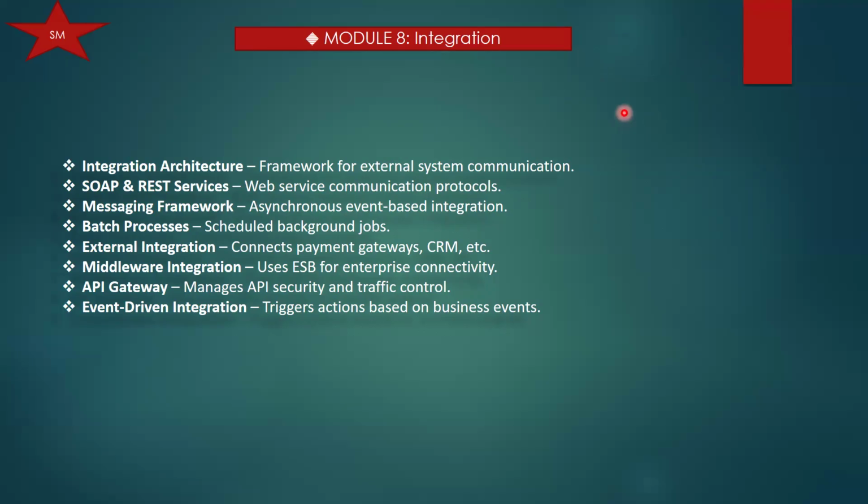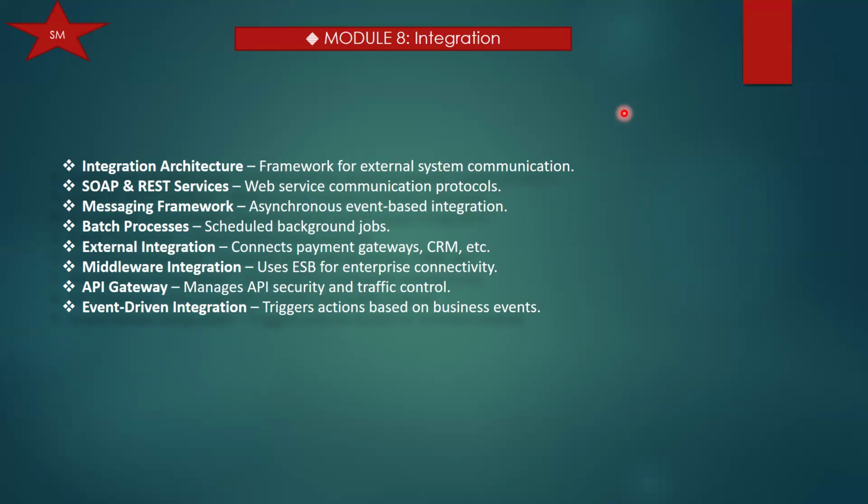Module number 8, integration. Integration architecture is the framework for external system communication. Basically, when you are implementing any form or customization, in your architecture the framework is designed in such a way that you can communicate with the external system using this feature.